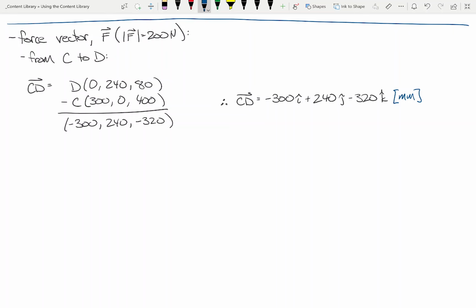We would say that a force vector is a force times what? The lambda. What is lambda? A direction vector. How do we turn this into a vector that contains only direction? Divide it by its own magnitude.